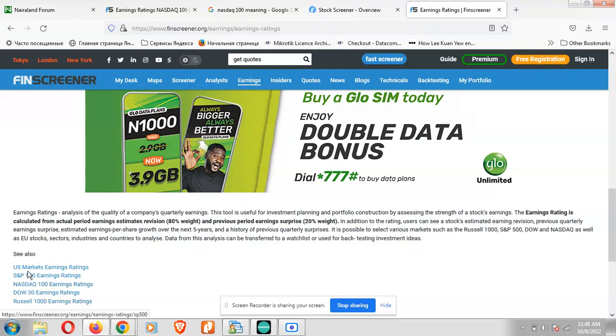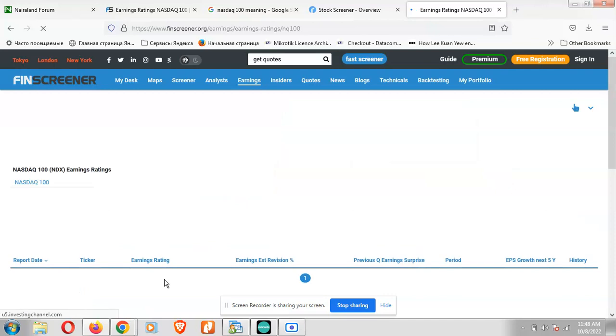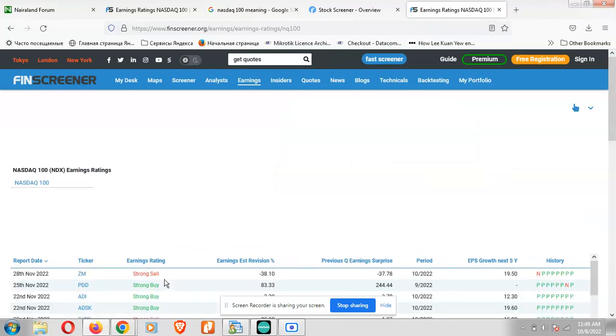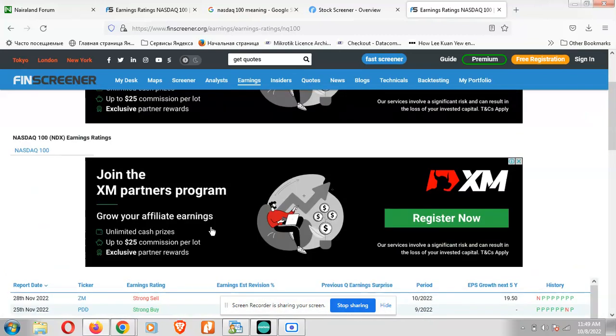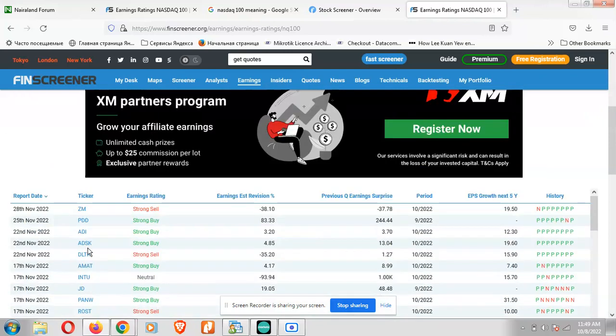So I can analyze all these one after the other, but today I'm looking at Nasdaq 100. Nasdaq 100 is a compilation of 100 large American companies that are doing very, very well as US stock. Let's put it this way, US stock.